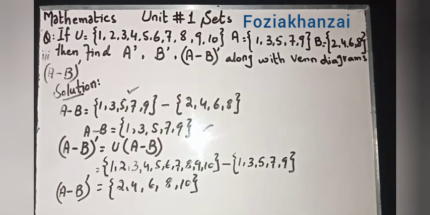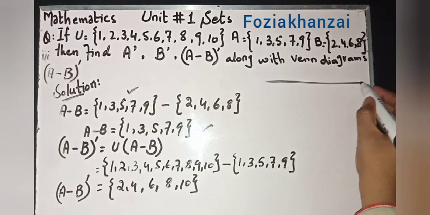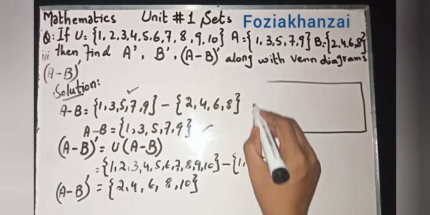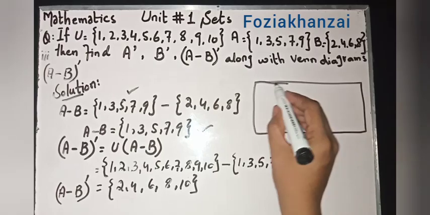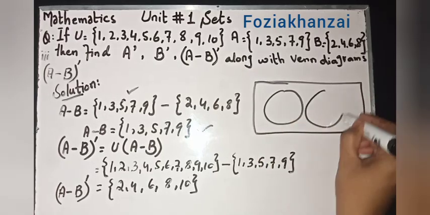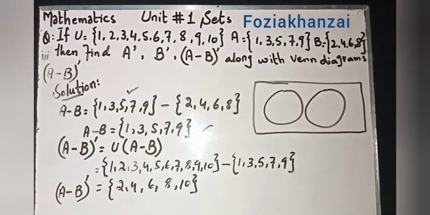Now we draw the Venn diagram. First we draw a rectangle box. Rectangle box shows universal set. Inside the rectangle box we draw two separate circles because it's a kind of disjoint set.